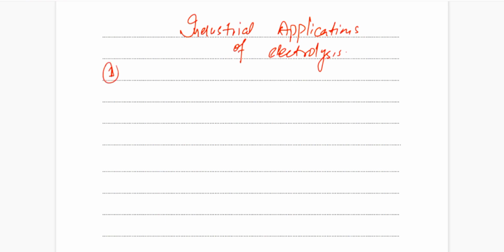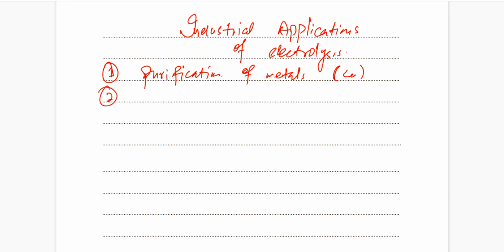One is the purification of metals, like copper. Mostly copper has to be taken in the pure form to keep its conductivity up to the mark. And the second thing is the electroplating, to avoid the rusting and to make something appear good, for its good appearance.